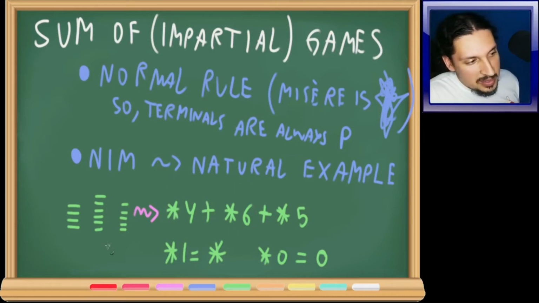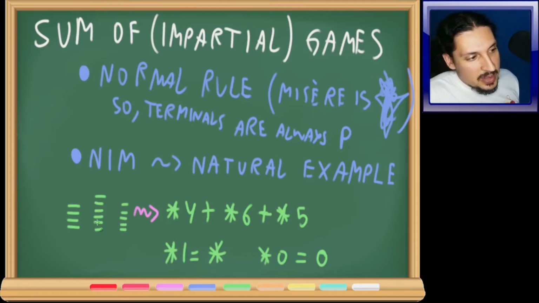Star 6 would be the heap of 6, and star 5 this heap of 5. So this position in the game of Nim can be notated abstractly as star 4 plus star 6 plus star 5, with respect to the sum of games that we mentioned before that creates a new game position.